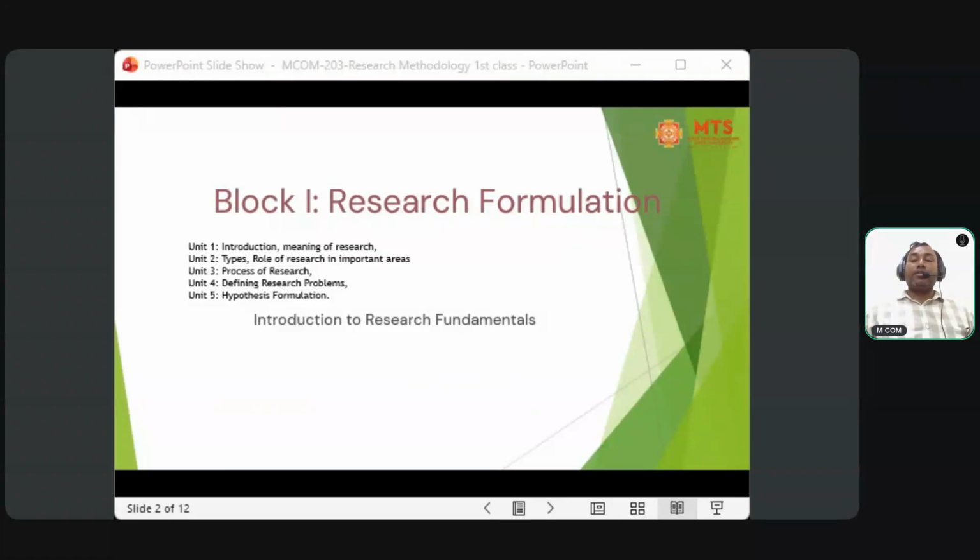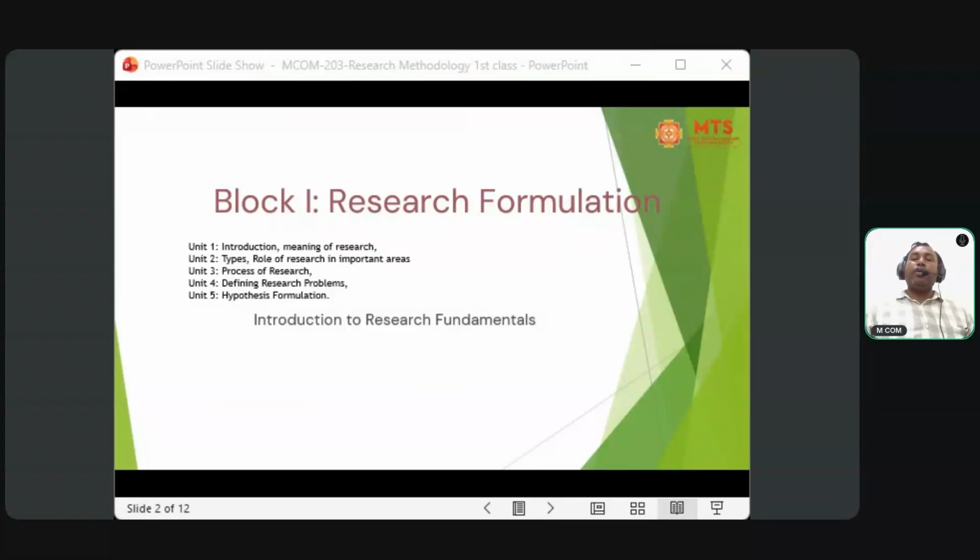And ethical considerations: research is guided by ethical norms that guarantee the confidentiality, integrity, and protection of participant rights. Constant iteration: research is often iterative, with new discoveries promoting more investigations and the improvement of ideas and hypotheses.